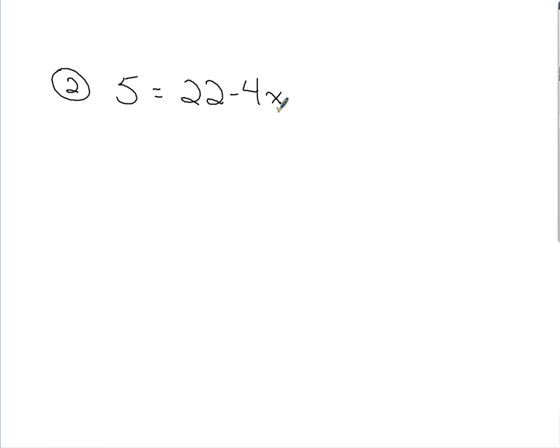But if we're being careful and consistent with what we did on the first problem, there's your x term. You want to take this 22 and subtract it over. So 5 minus 22 is negative 17, which equals negative 4x.